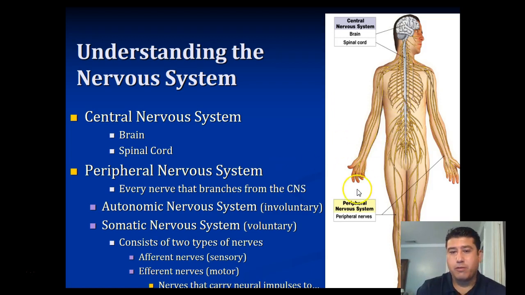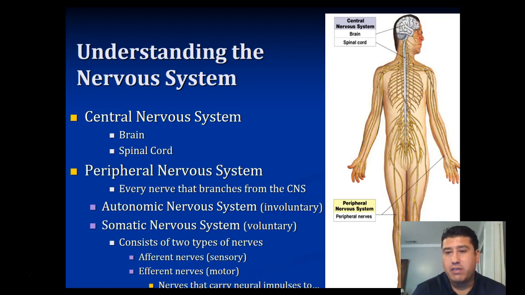All right, so those are the peripheral nerves. Now there are two different systems associated with the peripheral nervous system. You have the somatic nervous system, which is what I'm referring to, the nerves responsible for voluntary activity. That's what a muscle contraction is. It's a voluntary contraction. It's something that we have to generate.